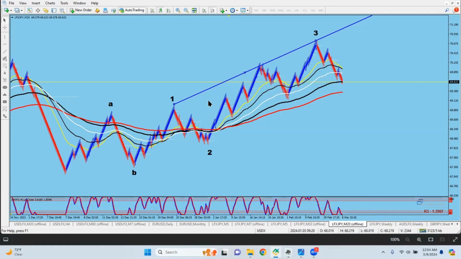We press and hold the control button on your left hand, and click, hold and drag away from the line. Then you have a parallel line, and you place that at the end of wave 2, or the beginning of wave 3, right? So you create a channel.